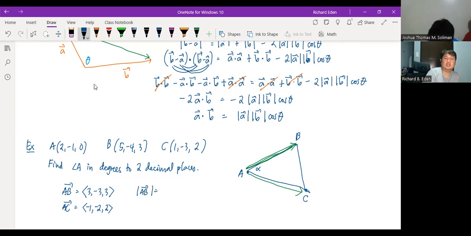For AB, well, we can observe that it is 3 times (1, -1, 1). Ibig sabihin, AB is 3 times the length of (1, -1, 1). So 1 squared plus 1 squared plus 1 squared. Of course, pwede namang i-mental, 3 square root of 3. What about the length of AC?